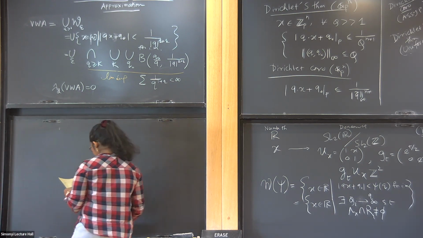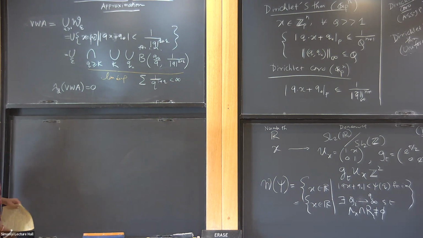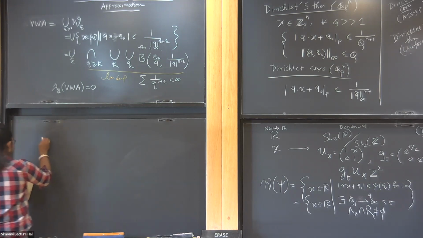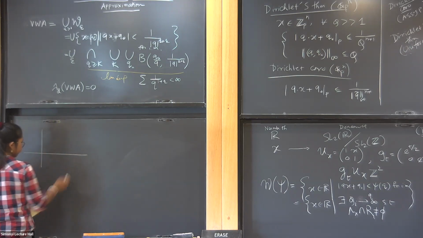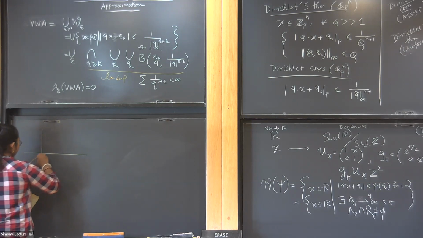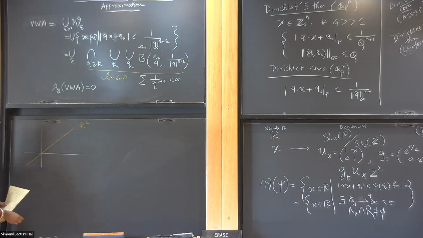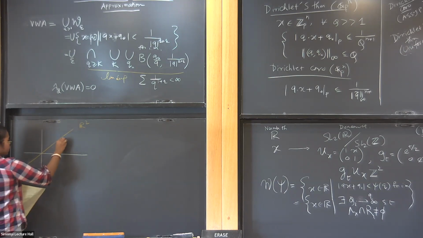The next question: what can you say about manifolds? Let me be more specific. Let's say you take a line in R2, and let's say this is just the line y equal to x.